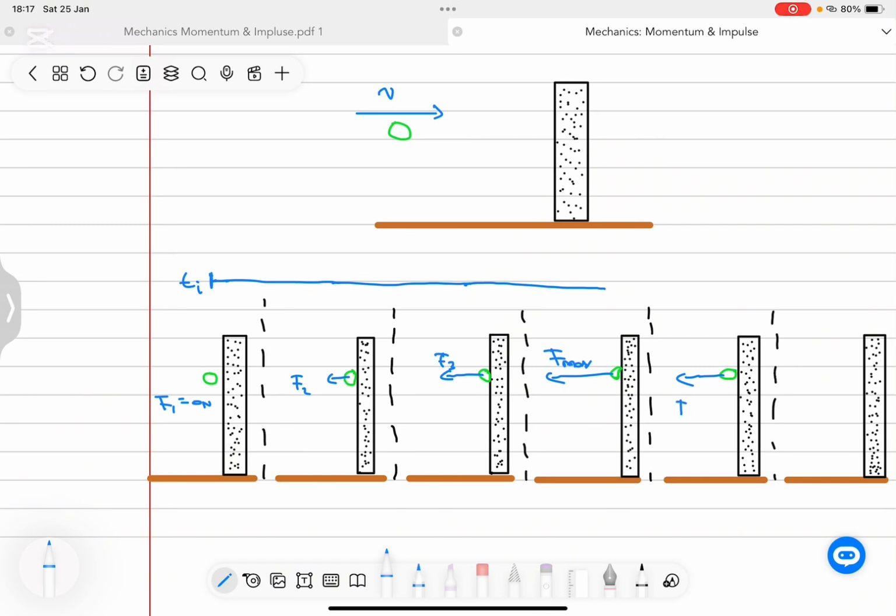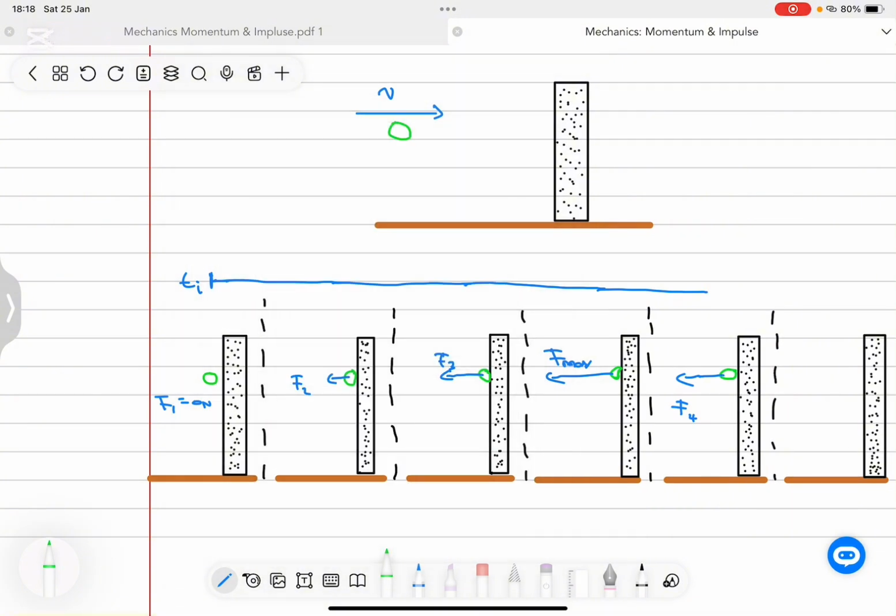Again, the force that we experience from the wall will decrease a little bit. I'll call this F4. It will decrease a little bit, right? Because here we reached our maximum force where they are completely in contact. Now the time will continue increasing again because the motion that we're studying is still occurring. The collision between the wall and the ball is still occurring.